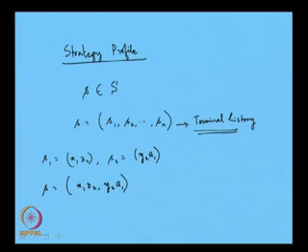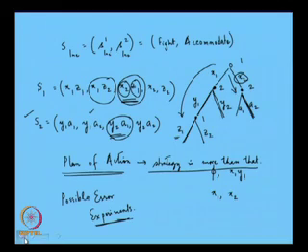What I am claiming is that from this strategy profile I can trace out a particular terminal history. Let us see how it is happening. X1 and Z2, this is what player 1's strategy is, and player 2 is saying Y2 A1.